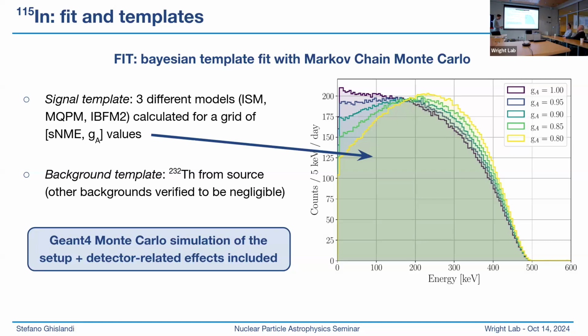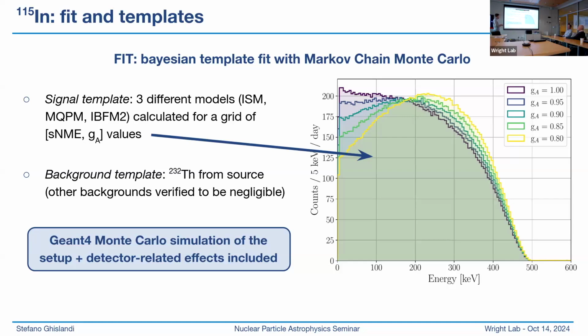The background template is mainly thorium-232 from the source nearby, and many other backgrounds, such as from the bulk of the materials, activation backgrounds, and also backgrounds coming from the cryostat, have been verified to be negligible.